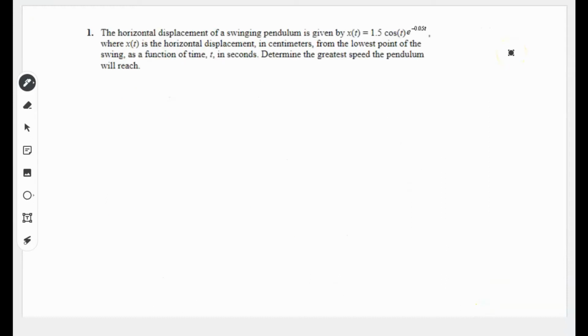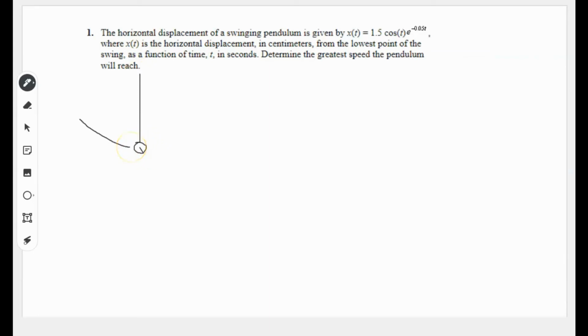So this application question says, the horizontal displacement of a swinging pendulum is given by this function. x, which is a function of time, is 1.5 times the cos of t, times e to the power of minus 0.05t, where x is the horizontal displacement in centimeters. So you have a pendulum like this. Oh, it's a terrible pendulum.